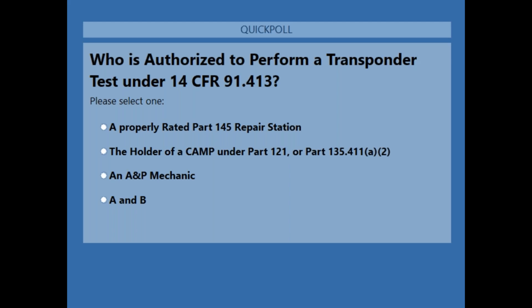Okay, so if you want to take a minute and answer that question: who is authorized to perform a transponder test under 91.413? And there's your selections: a properly rated Part 145 repair station, the holder of a CAMP under Part 121 or 135, an A&P mechanic, or both A and B. So we've got 77% have voted.